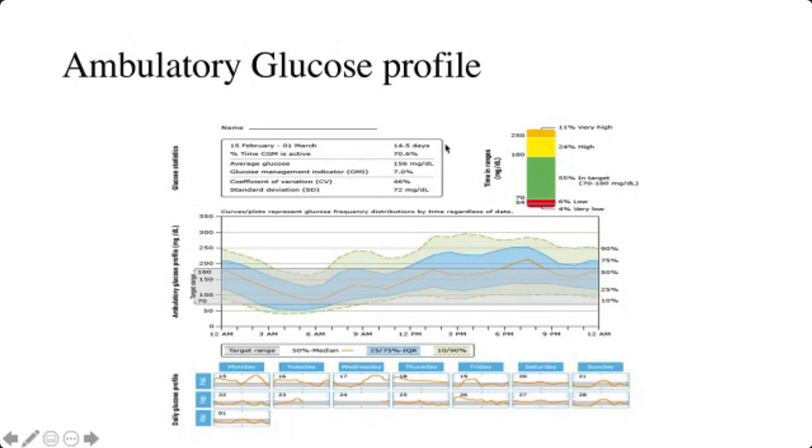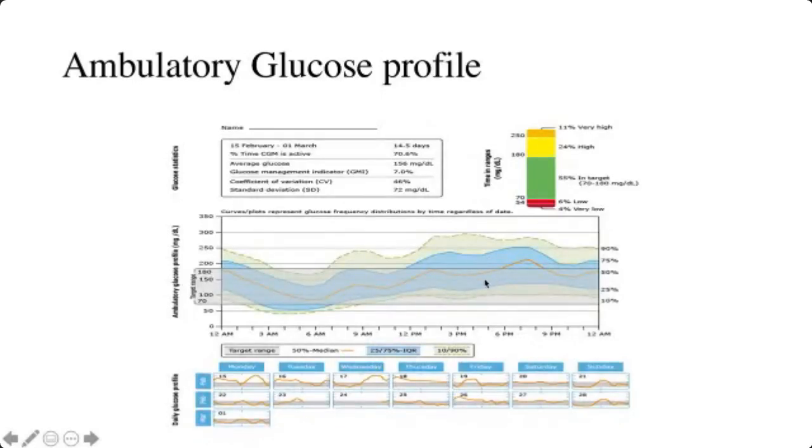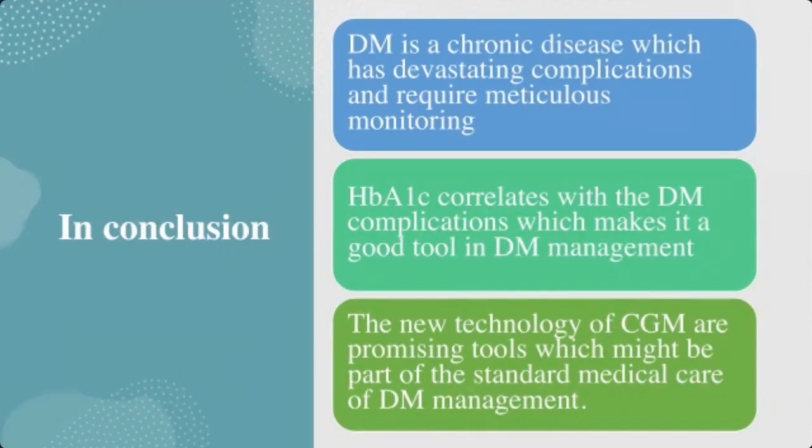We could get the estimated hemoglobin A1C, average blood sugar, the trend of blood sugar, the interquartile blood sugar at 25 to 75%, or between 10 to 90%, percentage of time in range, and average glucose with hypoglycemia. There is a lot of data which can be taken from CGM, but unfortunately they are really very expensive devices.